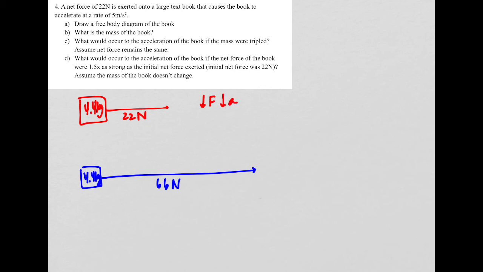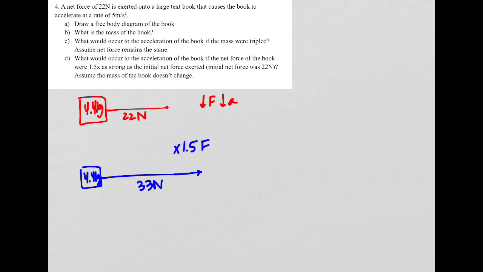Oh, sorry, it's not tripled, it's 1.5, isn't it? So 22 times 1.5 would be 33. So here we're going to have a 33 Newton force because we're multiplying that force by 1.5 times.